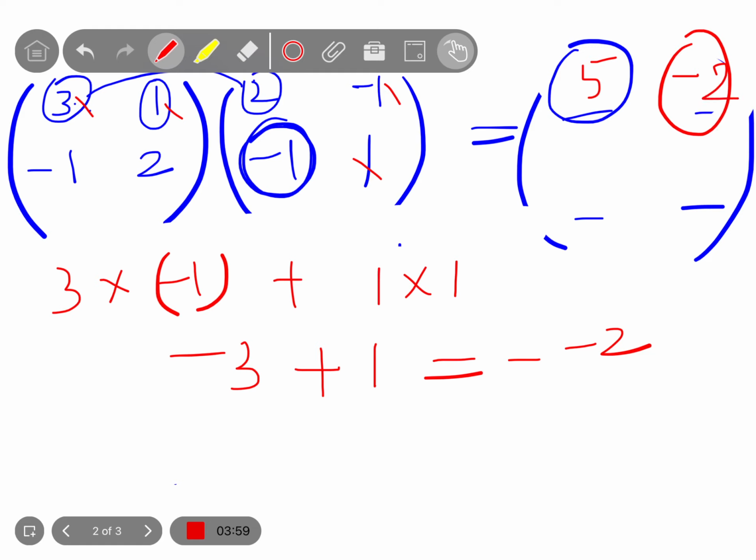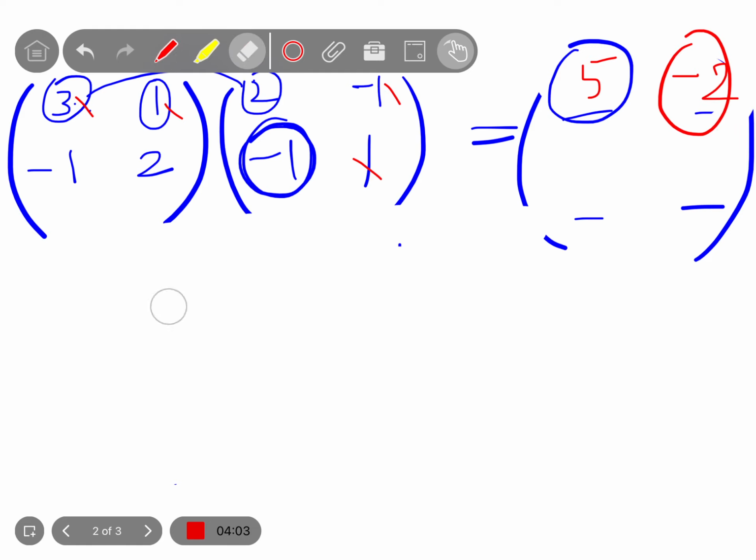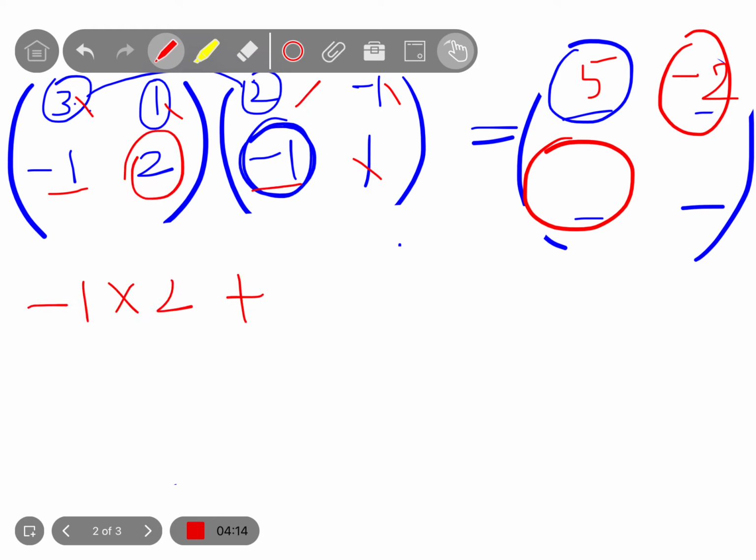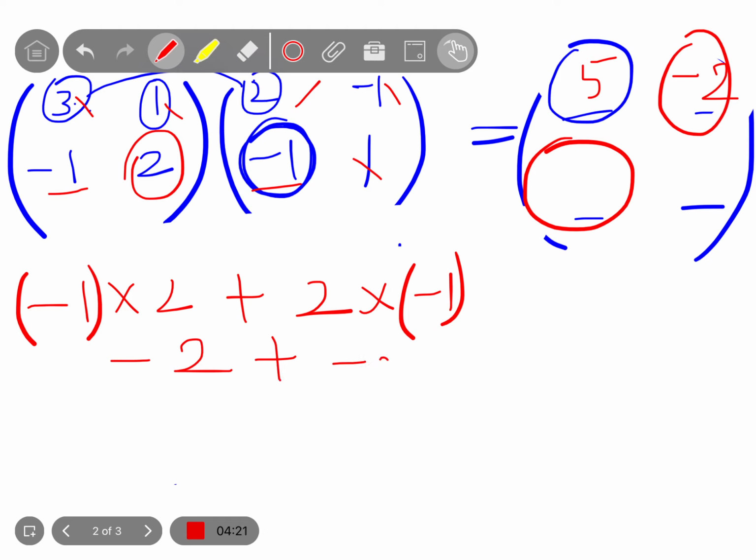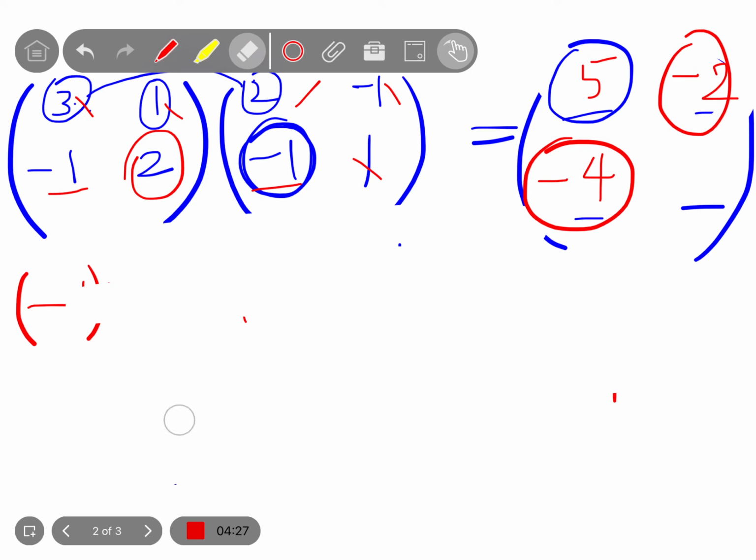Then next, you can take this term by multiplying minus 1 by 2 plus 2 times minus 1. So this is minus 2 plus minus 2. The answer will be minus 4.